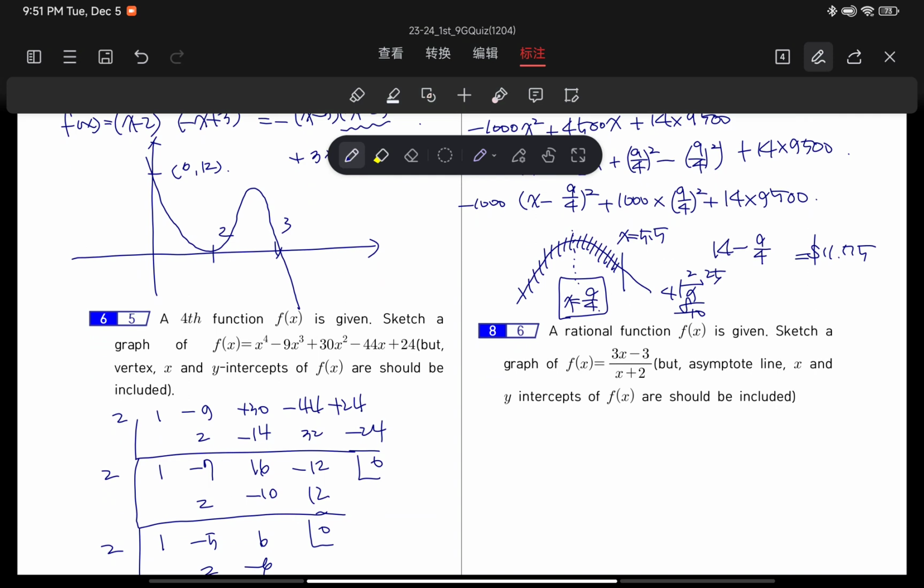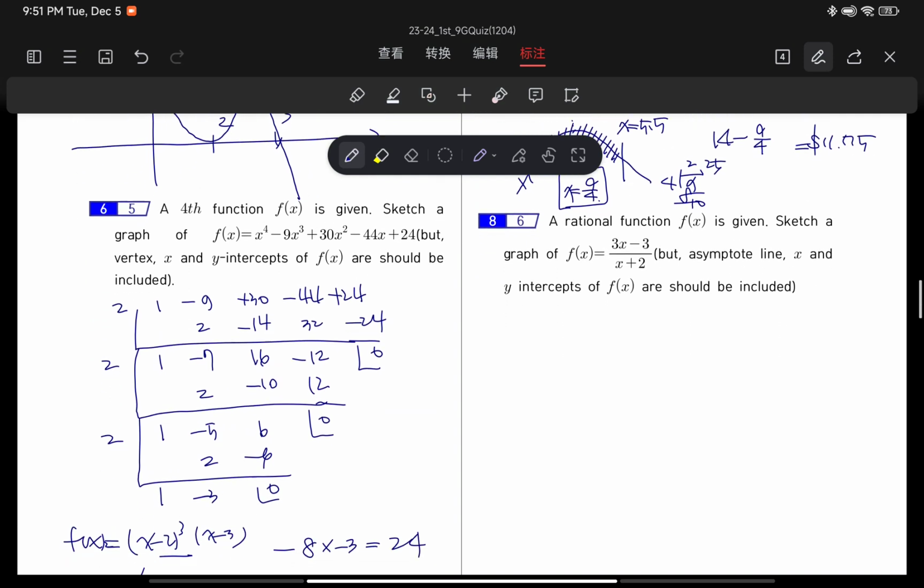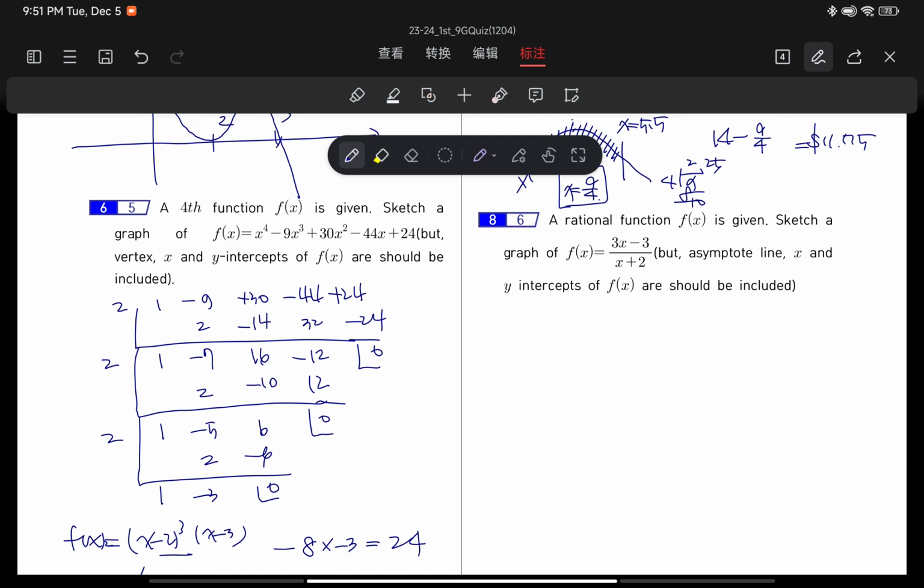And number 8. A rational function f(x) is given, sketch the graph of f(x). First of all, it's really easy to find the two intercepts. Here is the point 0, negative 3 over 2, and here is 1 comma 0, like this.